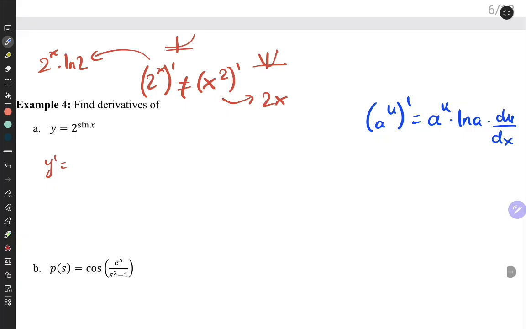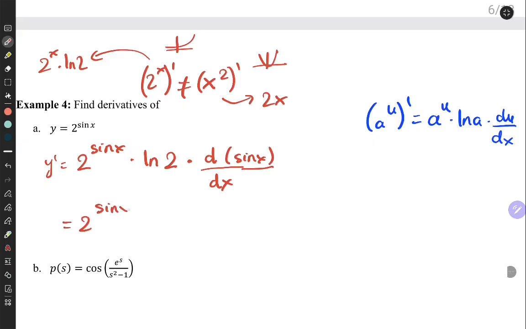So follow the pattern. 2 to power sin x times ln of 2 times d over dx of what? Of sin x. Just plug in literally. Okay. 2 to power sin x times ln of 2, that would be times cos x.